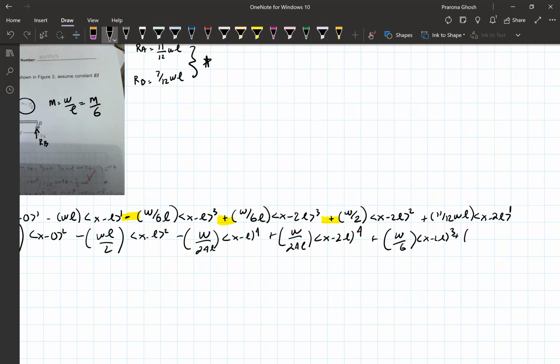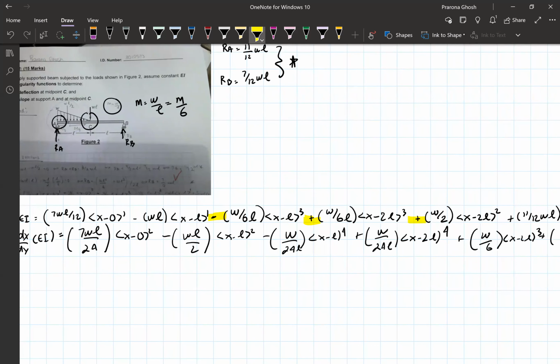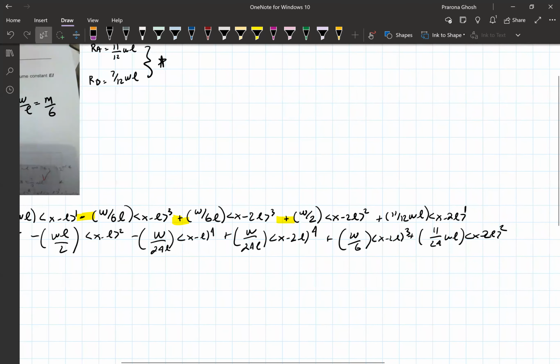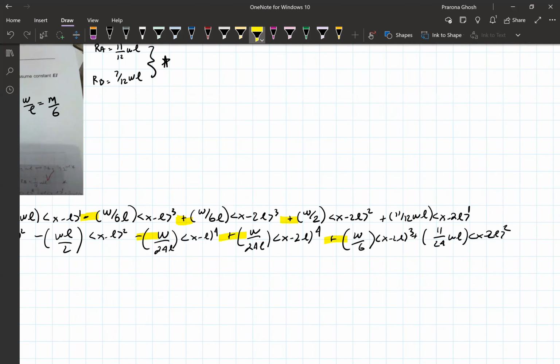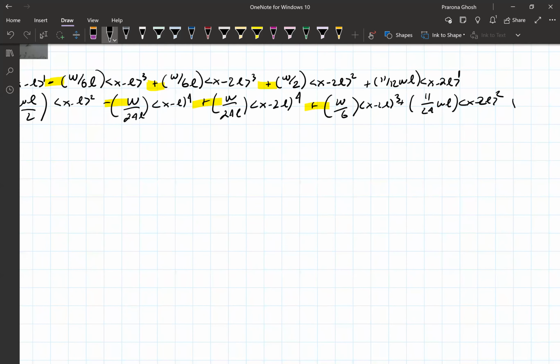And then finally plus 11 over 24 WL, x minus 2L to the 2. So we have those. Make sure your symbols are still good: plus, plus, negative. Yeah, they're good. Oh, I have to add my C1, plus C1.